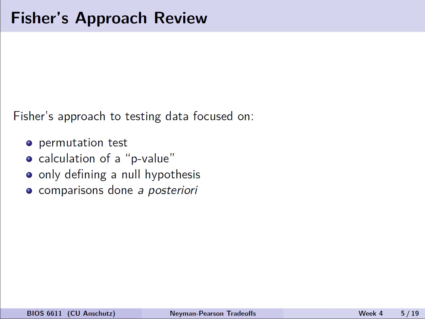In his case, he only really defined what we would think of as the null hypothesis, because when he's shuffling around all the data and doing his little permutation thing, really he's trying to break any relationship that may exist in the data by randomly shuffling it. Therefore, his comparisons, though, are only done a posteriori, or after you do a study and collect some data, you shuffle everything up and compare it to the sample you actually observed to see how extreme it may or may not be. As we'll see, there's a lot of similarities and some strong differences with Neyman and Pearson.